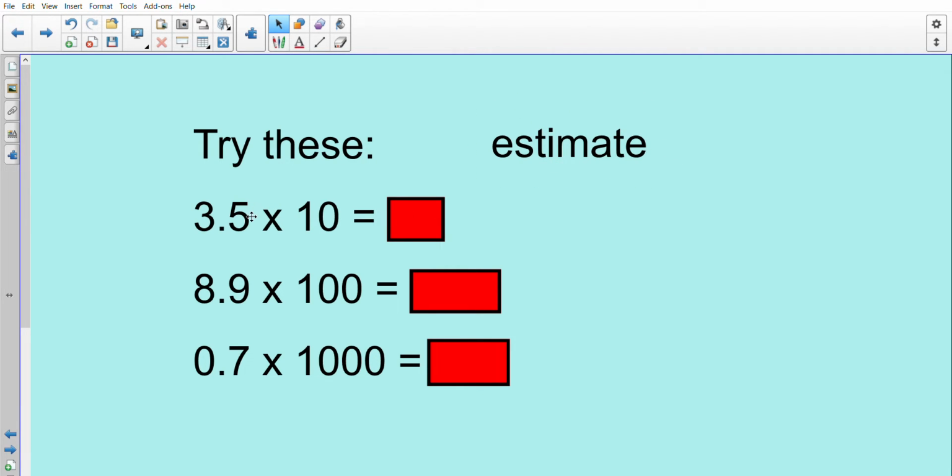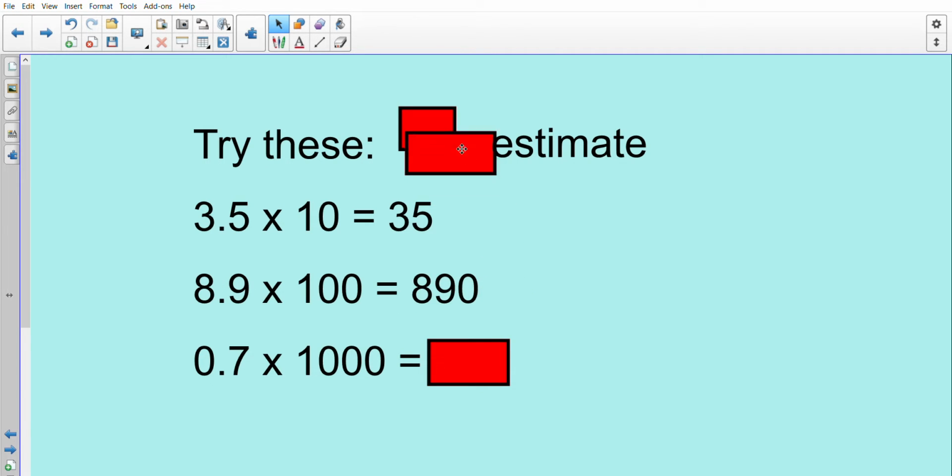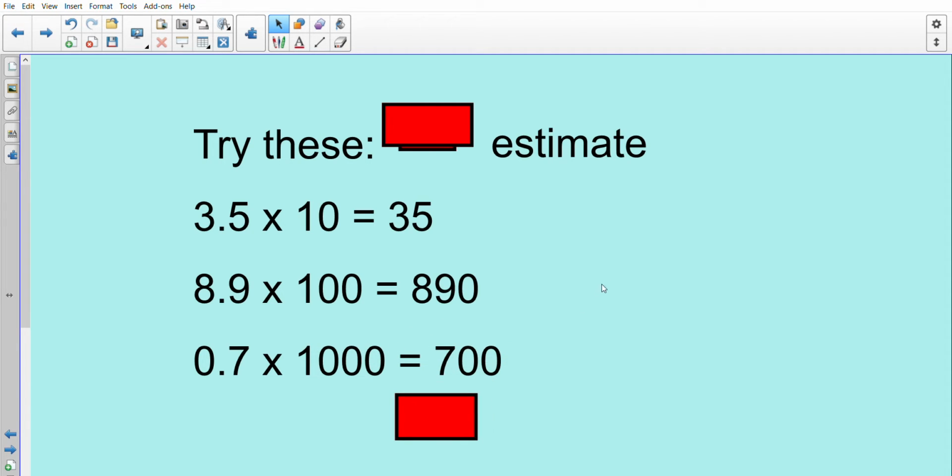So 3.5 times 10, well, what's 3 times 10? It's 30. So our answer should be 30 something, shouldn't it? That goes one place to the left, we got 35. 8.9 times 100, well, 8 times 100 is 800, so it's going to be 800 and something, 890. And 0.7 times 1000 is 700.